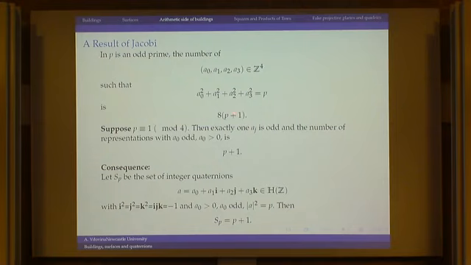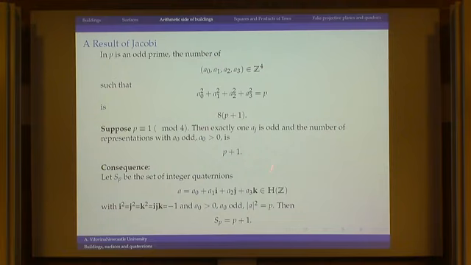And let's look at the easiest case, when p is 1 modulo 4. Then there is exactly one a_j that is odd, and the number of representations with a_0 odd, so that a_0 is non-zero, is p plus 1.